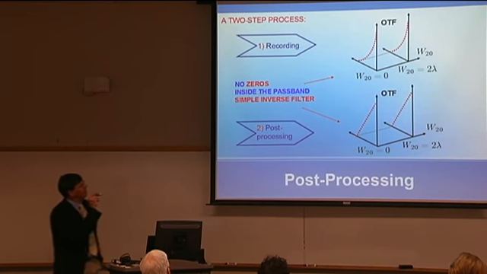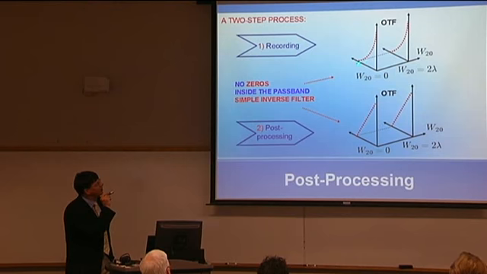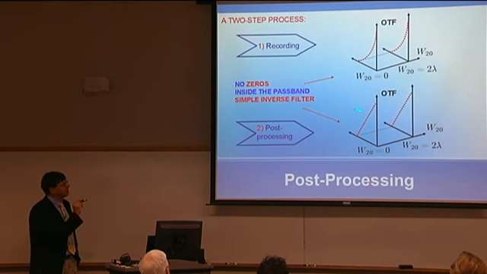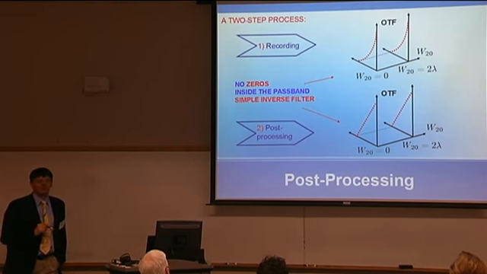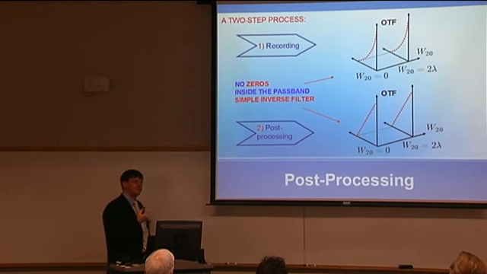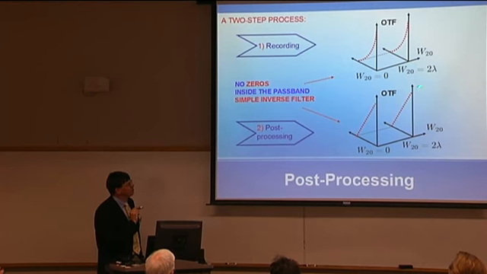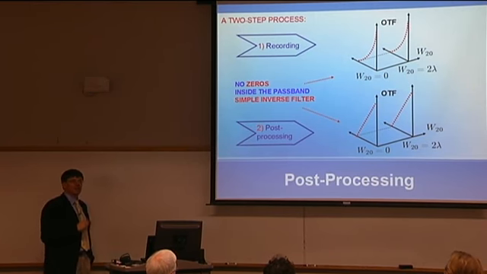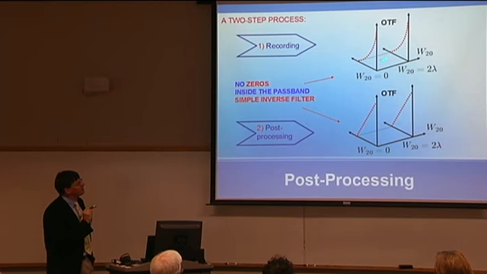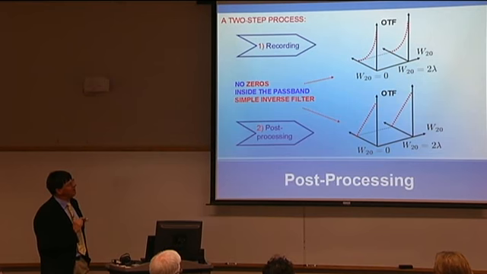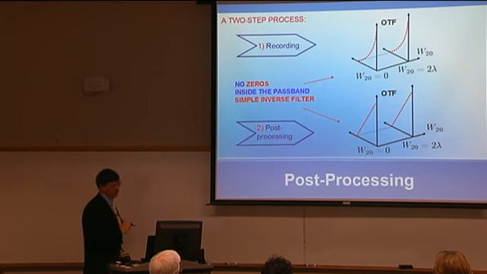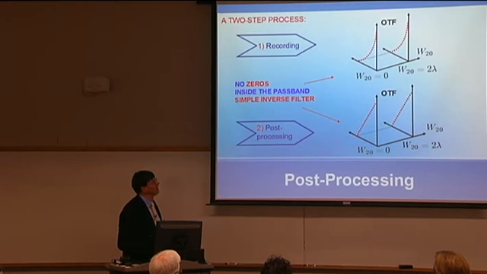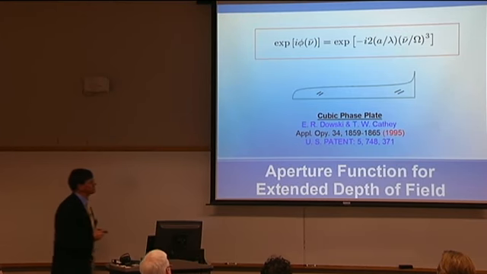There's a price to be paid. You can see that this goes to 0 more rapidly than this OTF. So if we think about noise, I don't think we have any hope of getting this back entirely. So there is a limitation, but it can be used to at least improve the whole problem significantly.